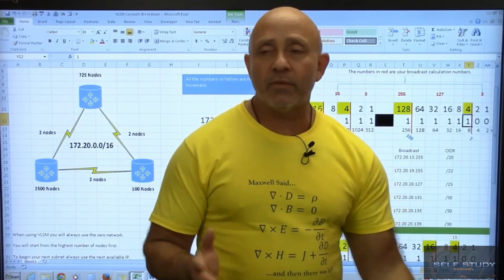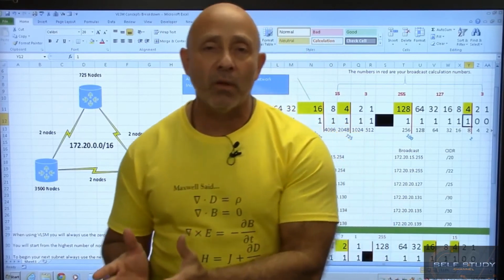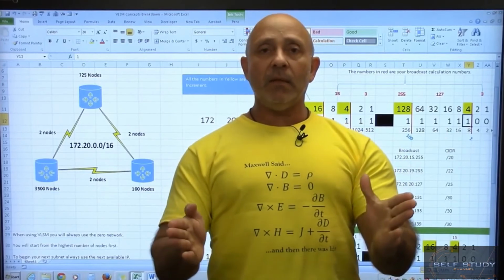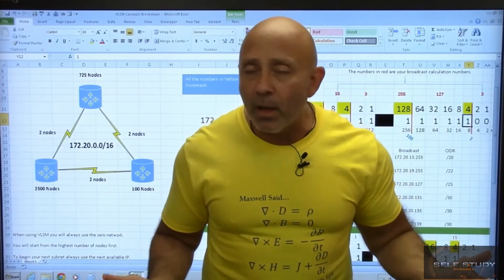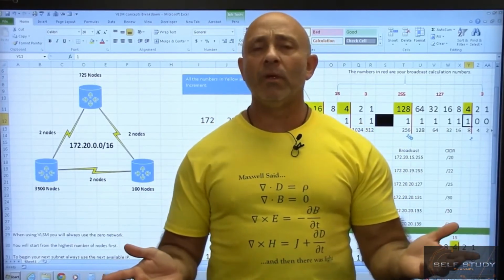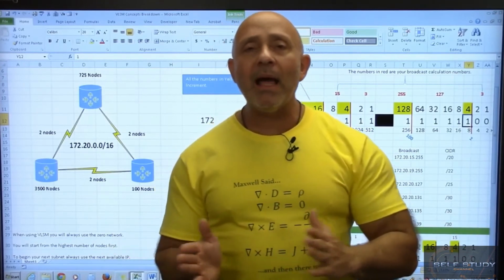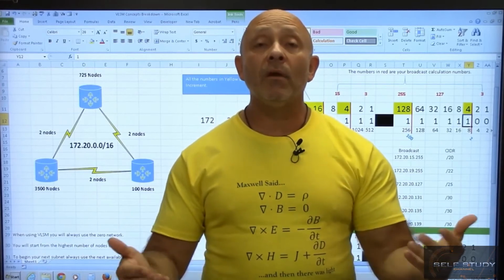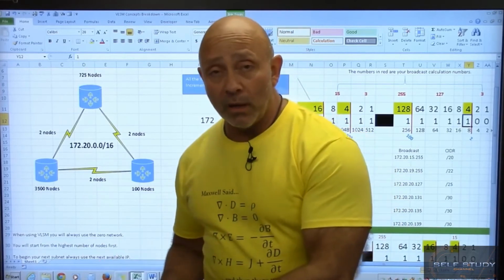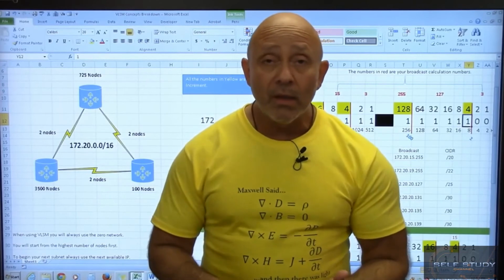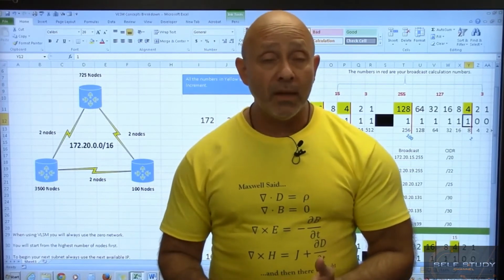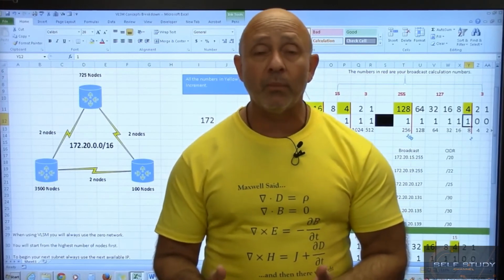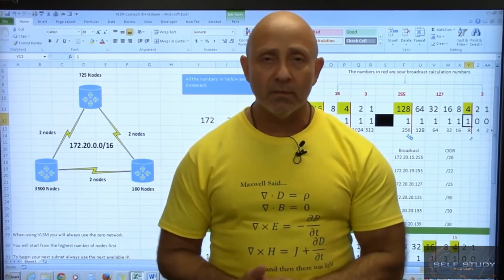If somebody needed 1,000 IP addresses at one point, they would say, okay, I'm going to give you a CIDR 16. Now you have 65,000 plus addresses. Way too much. So now we're allowed to move that line back and forth to meet the needs of the network. And with the newer routing protocols, such as RIP version 2, EIGRP, OSPF, or the IP version 6 routing protocols, they all support VLSM.